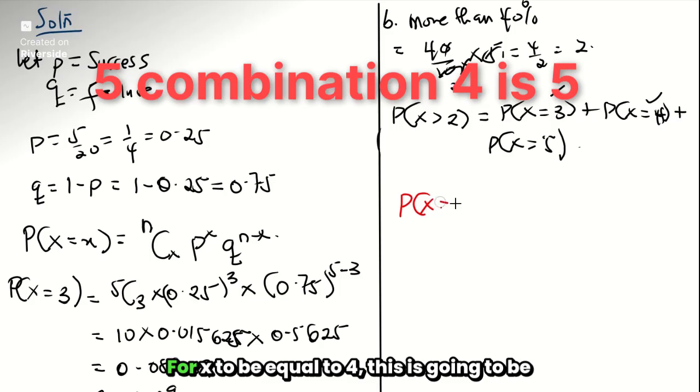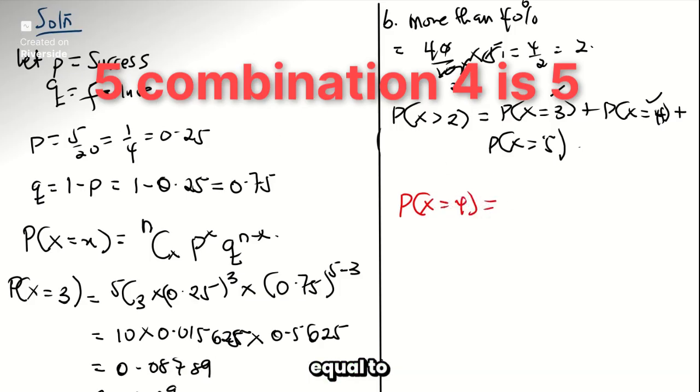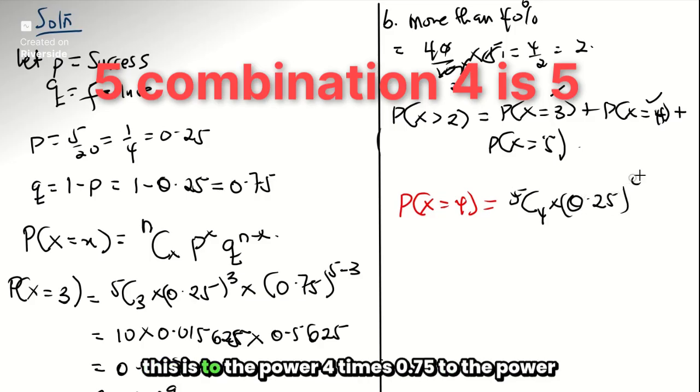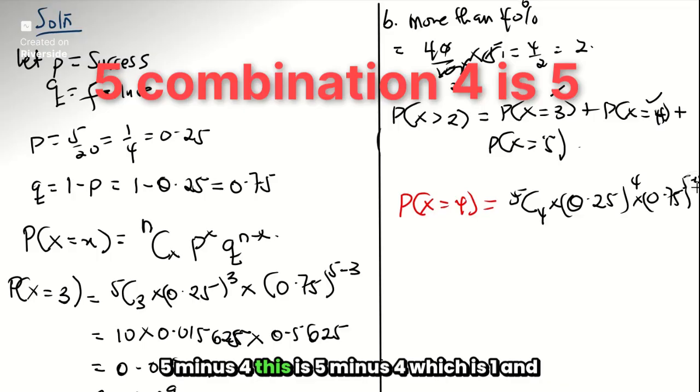The probability of X equal to 4 is going to be 5 combination 4 times 0.25 to the power 4 times 0.75 to the power 5 minus 4, which is 1.